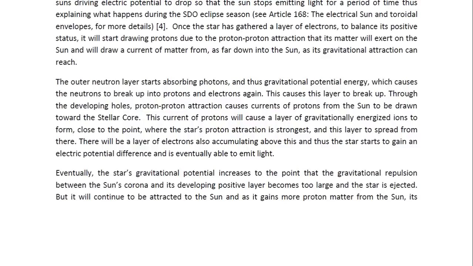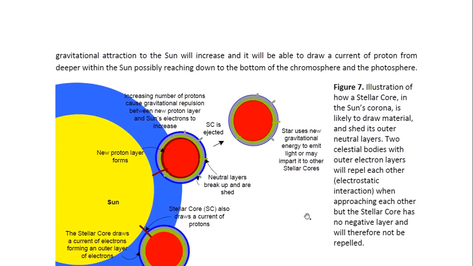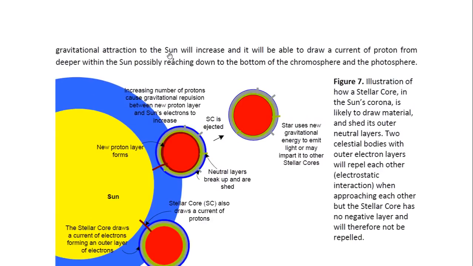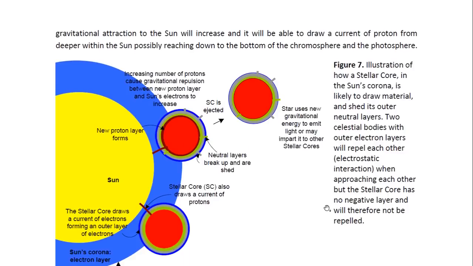But it will continue to be attracted to the sun, and as it gains more proton matter from the sun, its gravitational attraction to the sun will increase, and it will be able to draw a current of protons from deep within the sun, possibly reaching down to the bottom of the chromosphere and the photosphere.